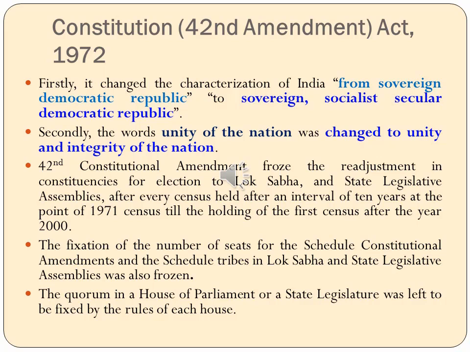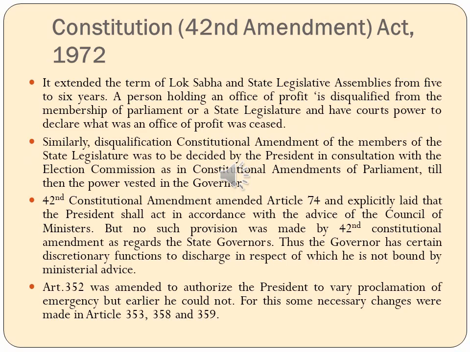And this 42nd Constitutional Amendment Act stopped that process. This was done after every census that was held for a period of 10 years. So at the point of the 1971 census, till the holding of the first census after the year 2000, it was held until that year. Next, fixation of the numbers of seats of scheduled constitutional amendment.